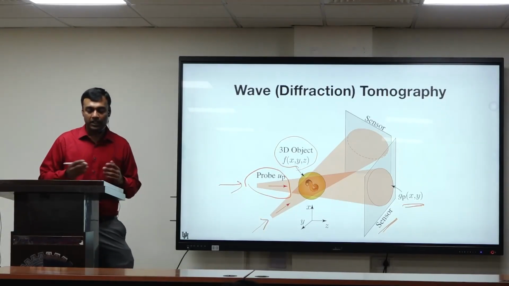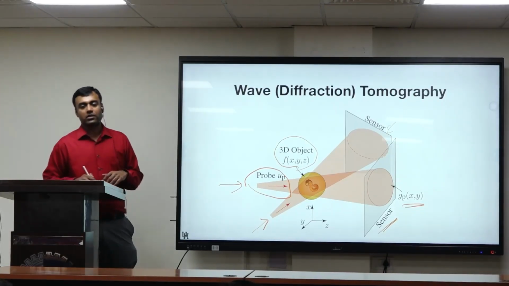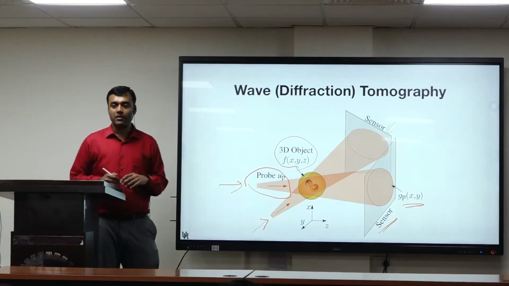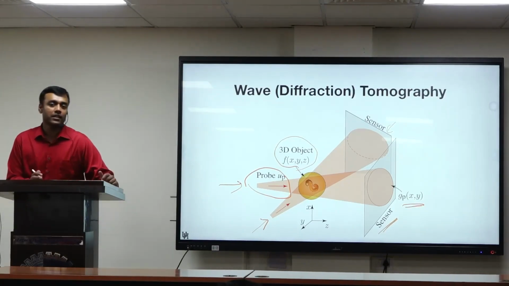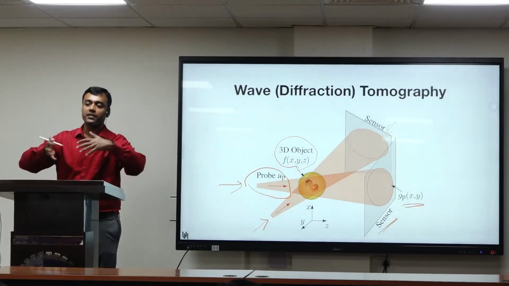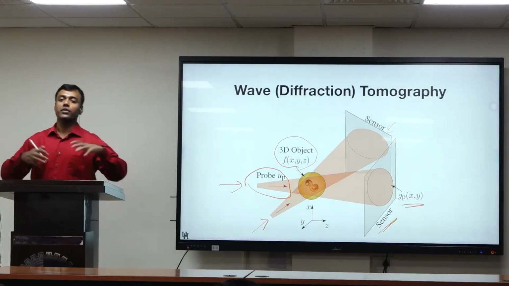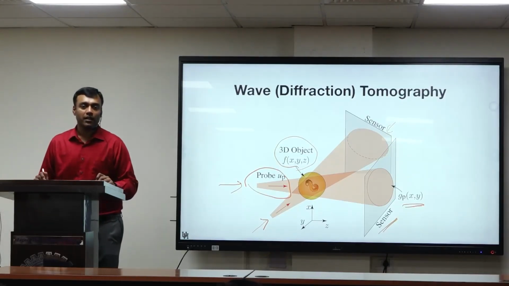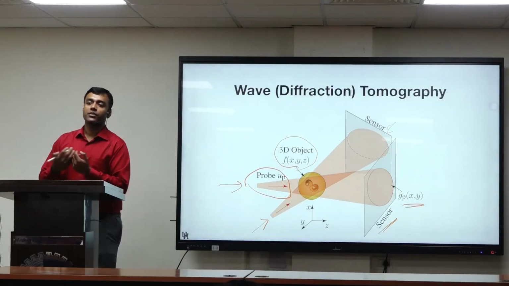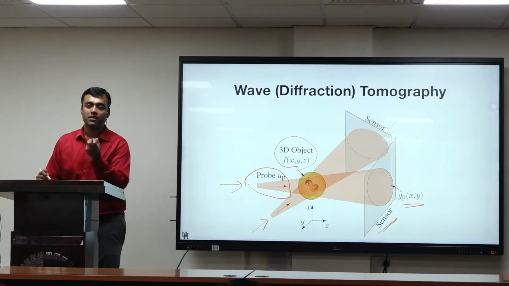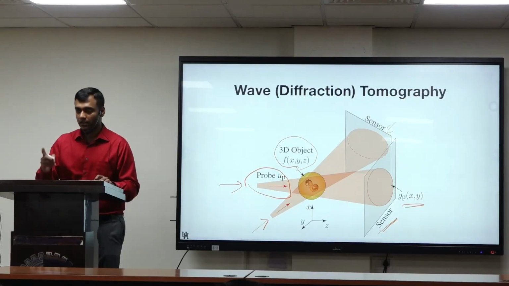Then you change the view, change the angle at which light comes in, and the sensor on the other side again makes the measurement. You keep making a bunch of measurements. The question is, in this case, even though it's a complicated interaction, one point gives you many points. Previously, it was one-to-one functions. Now it's a one-to-many kind of interaction. In that case, how do we put the data together in such a way that you can do a 3D reconstruction and identify the structure of the inside of the object? Okay, that's the next thing.